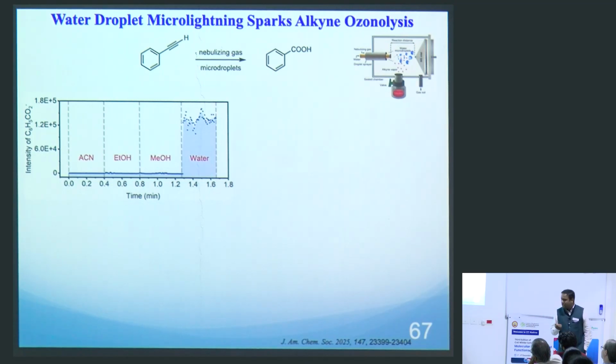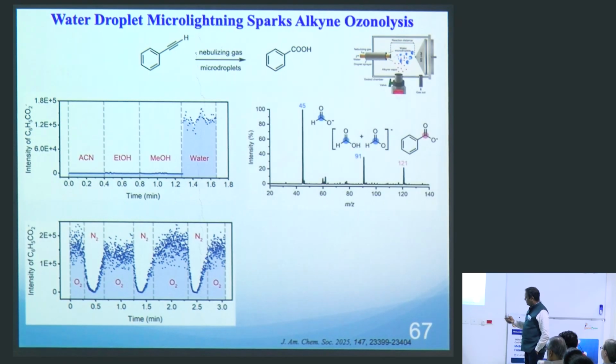We observed this. Further, we screened various solvents, and checked what happens with oxygen or without oxygen. Whenever we pass oxygen, we see the product benzoic acid formation. Whenever this sprayer is connected with nitrogen gas, there is no product, only the starting alkyne.